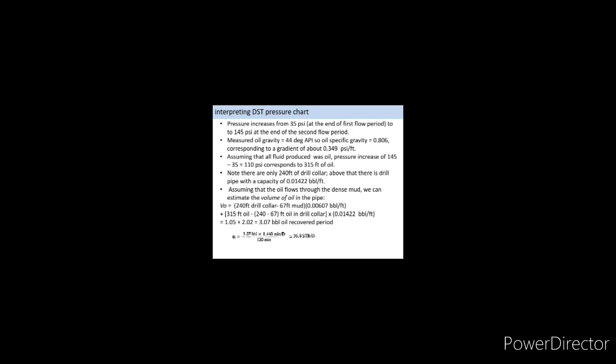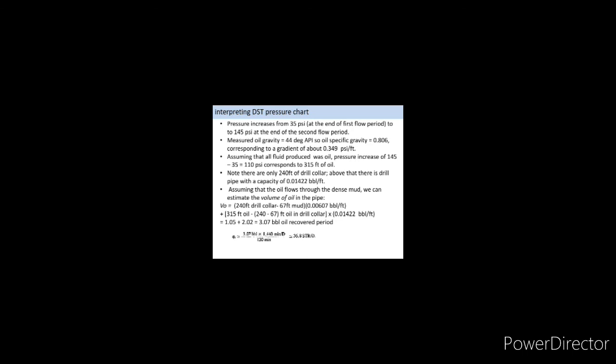From that we subtract this value, 240 minus 67 feet of oil in drill collar. So this will give the feet of the oil in the drill pipe, right? I hope you can imagine it. This will give the feet of oil in the drill pipe.